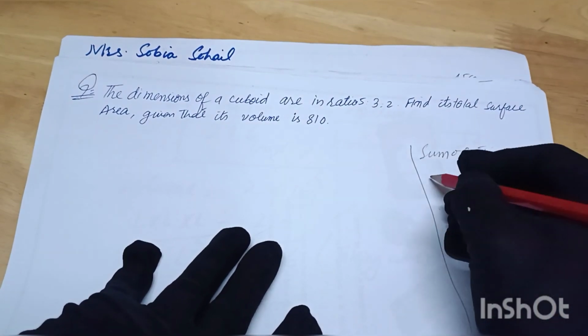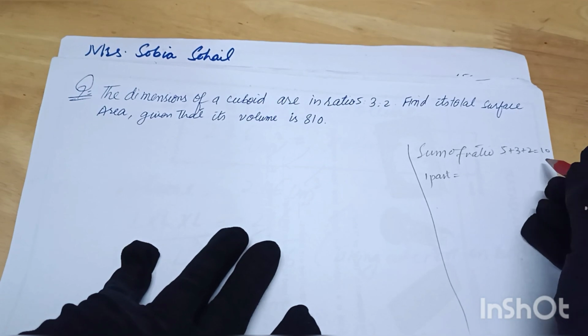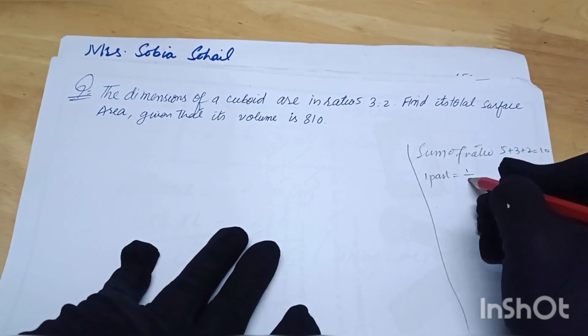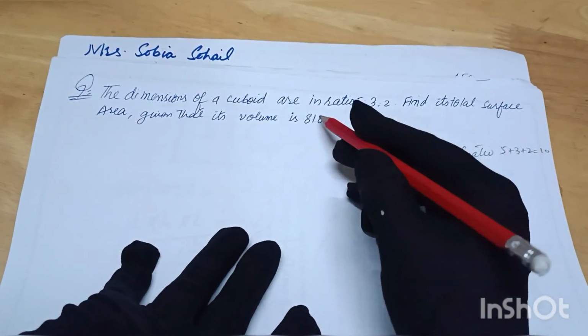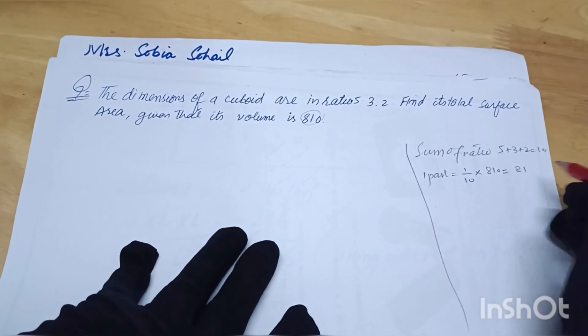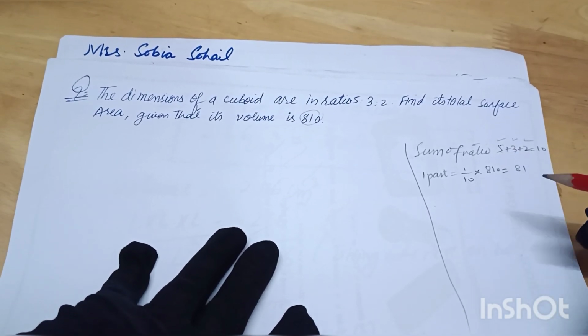So one part is 1 divided by 10 multiplied by the given 810. So one part is 81. Then the fifth part, third part and second part you can find respectively.